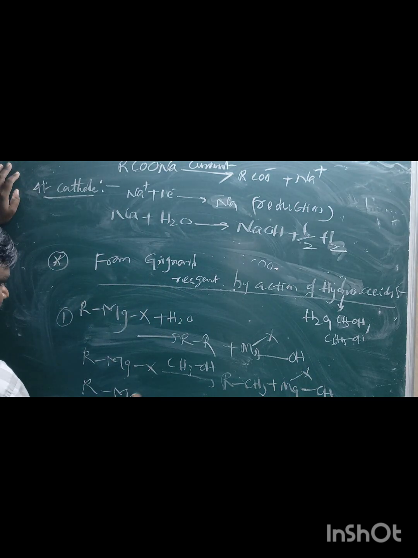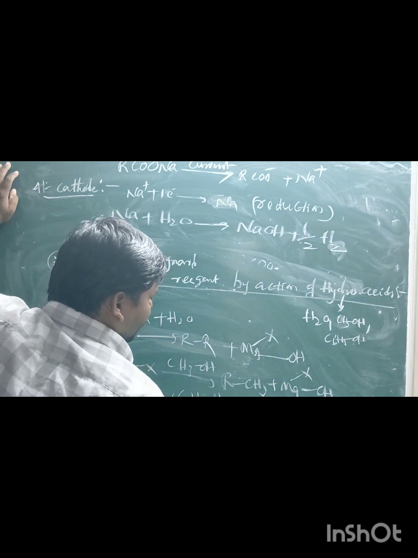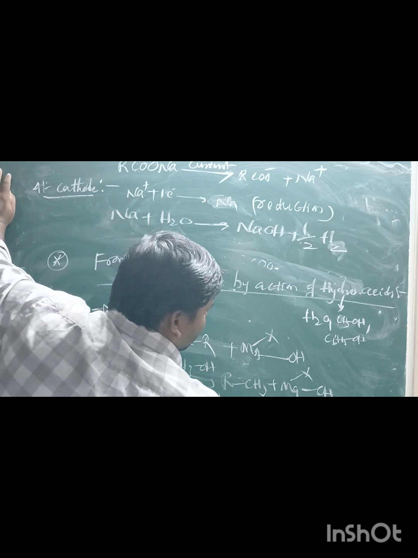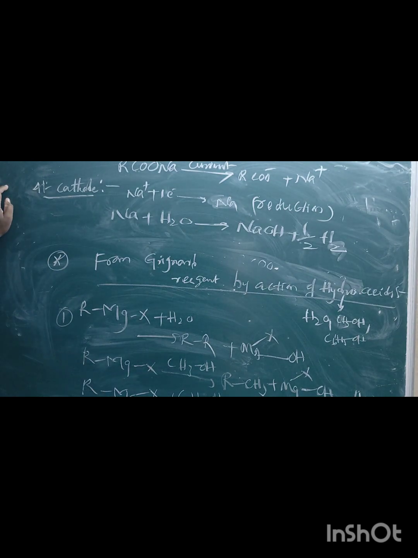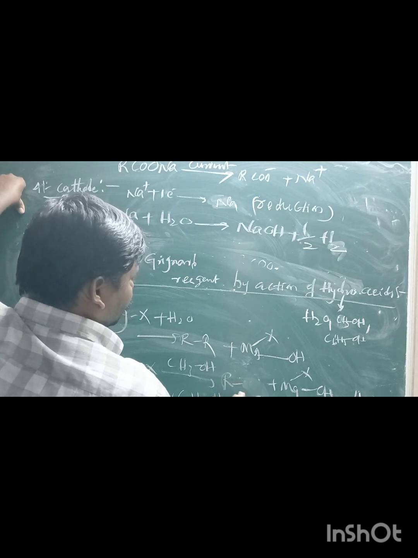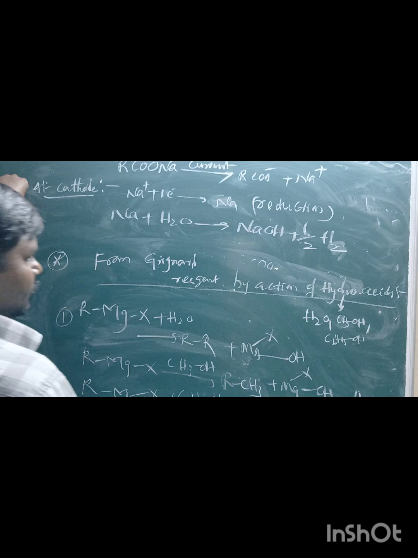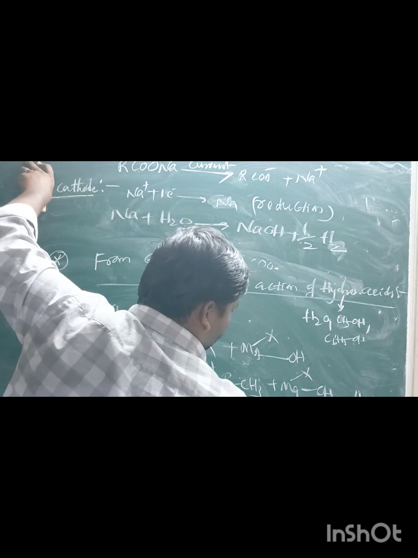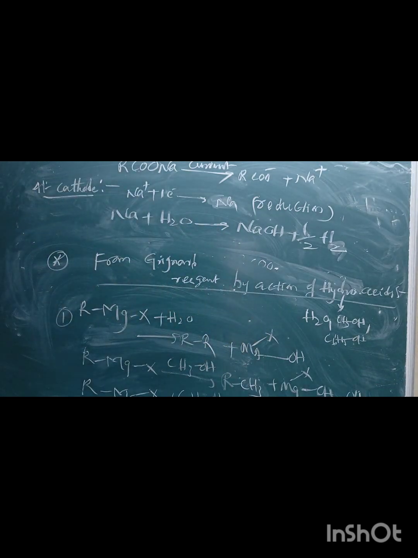Alkyl magnesium halide reacts with phenol to form RH plus the magnesium phenoxide. It is also a preparation method.